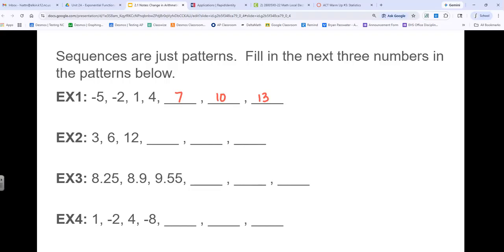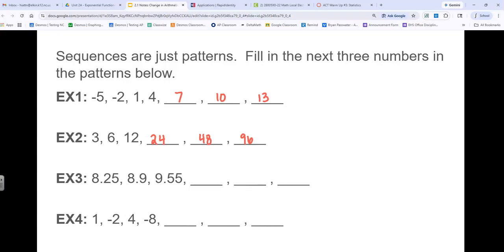How about this next one? 3, 6, 12. 24, then 48, then 96, right? So what is our rule in this sequence? You're doubling the number, right?